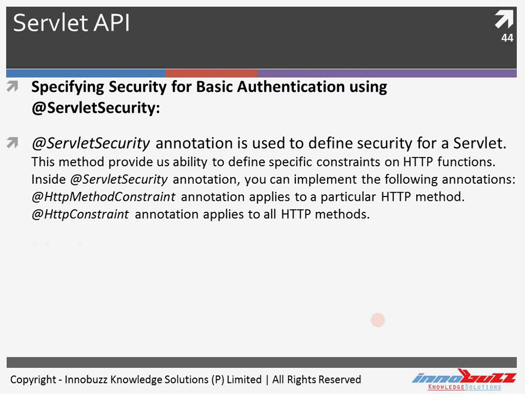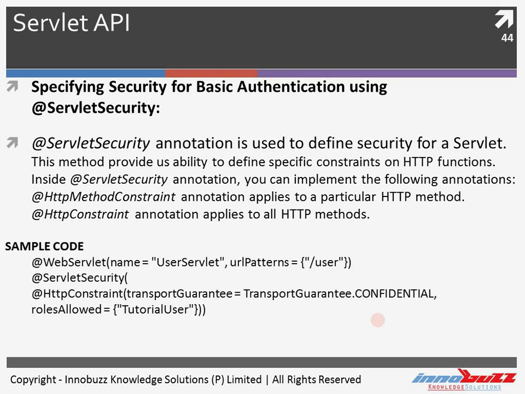So basically the sample code will be like this. It is the same as others. You give a class-level annotation definition, which takes @WebServlet, which gives the name of the servlet as we have seen earlier, and this @ServletSecurity annotation takes two attribute parameters.